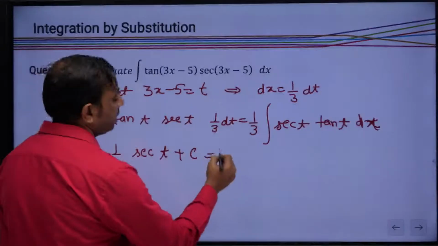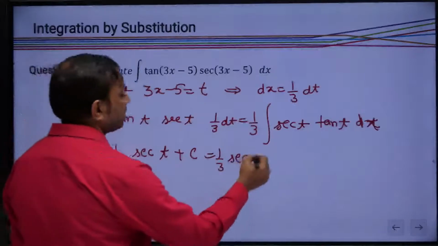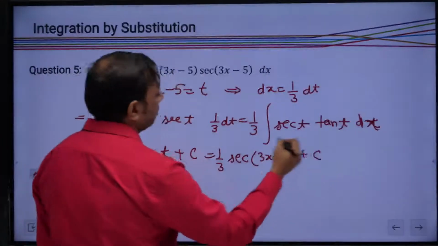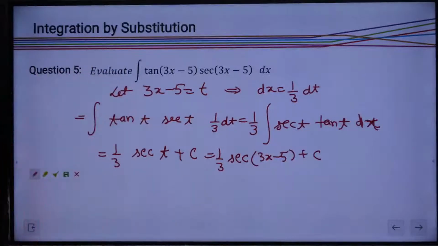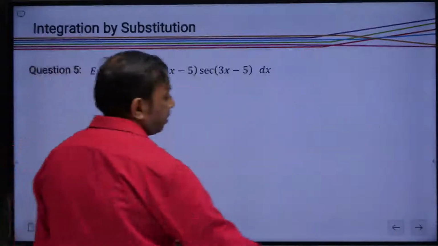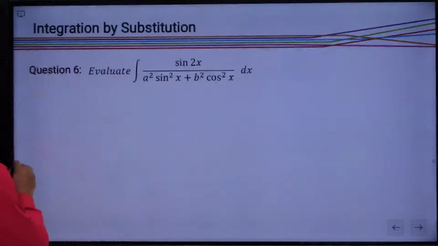So sec t we know, whatever assumption we make for t is 3x minus 5, that I need to replace it again. So this is how we do the integration for ax plus b type of form. Now look at another example for the substitution.